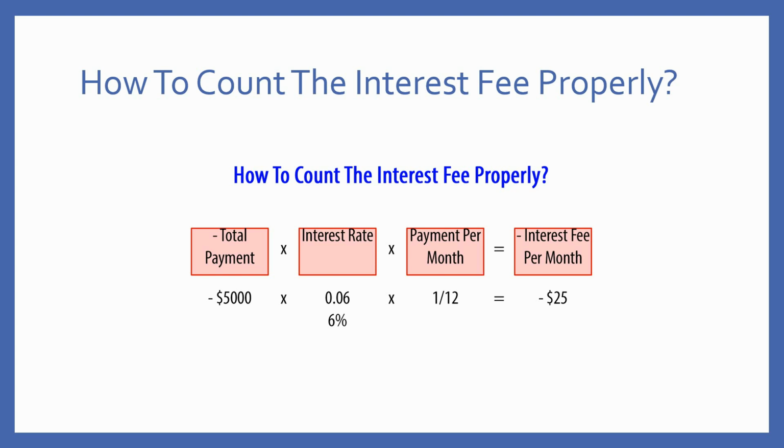You pay 6%, then 12 times per year is still not there yet. It's 6% lesser, and 12 months even lesser per year. Yeah, that's what I get now. So you're just paying very little interest fee per month of $5,000.